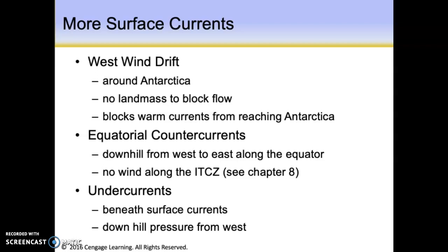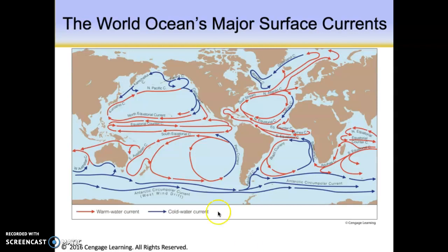So there's really no significant surface wind. And because there's no significant surface wind, some of the water can sneak back along the equatorial countercurrent.